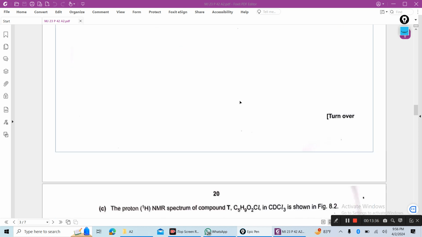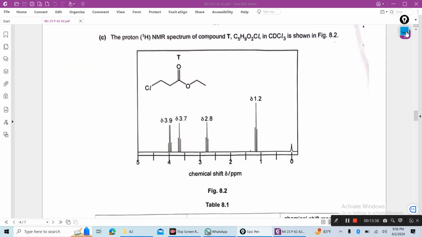Now next, the proton NMR, nuclear magnetic resonance spectrum of T in CDCl3, deuterated chloroform, is shown in this diagram.